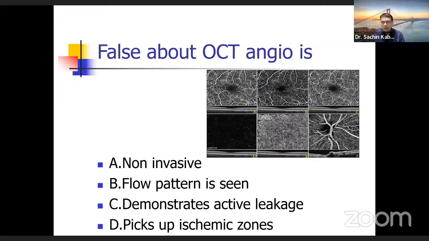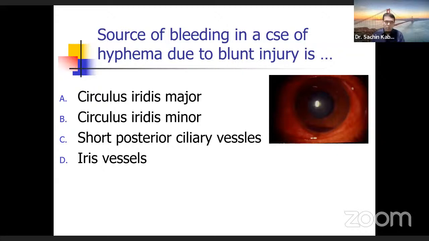Okay, all of us in a post-traumatic hyphema OPD. I'm coming to a trauma case now. The source of bleeding in a case of hyphema due to blunt injury is option A, circulus iridis major. Option B, circulus iridis minor. Option C, short posterior ciliary vessels. And option D, iris vessels.